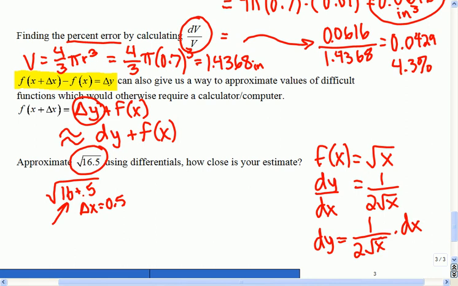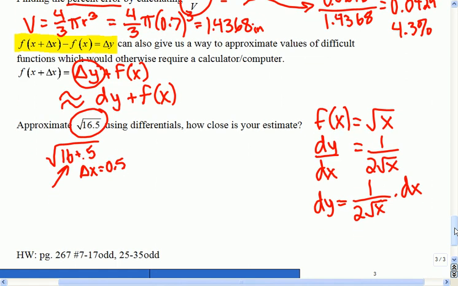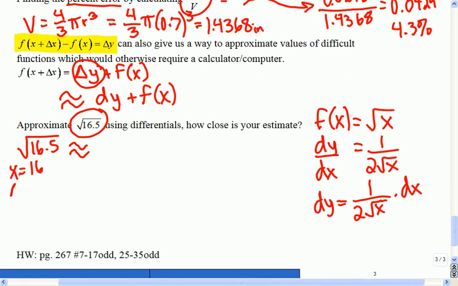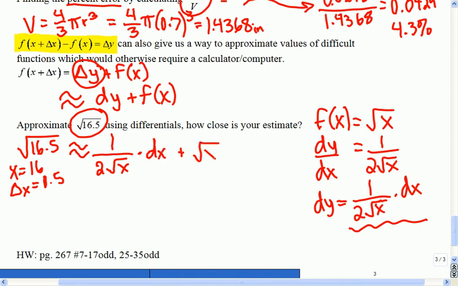Okay, so let's fill in. I could say that the square root of 16.5 is approximately equal to, we're saying x is 16 and delta x is 0.5, so it's approximately equal to dy, 1 over 2 root x times dx, plus the square root of x.